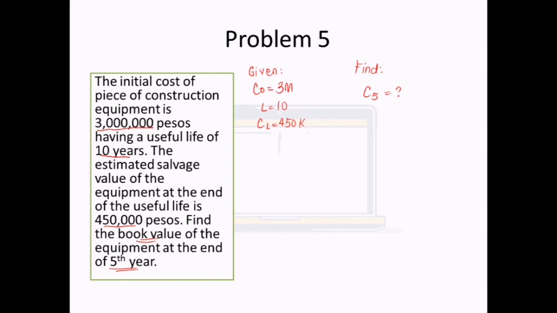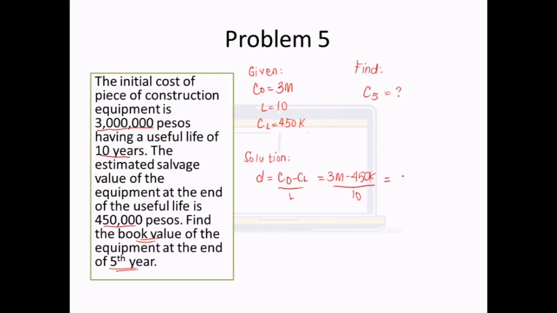Before we can directly solve the book value, we can first solve for the annual depreciation, or the small letter d, which is equal to C sub 0 minus C sub L all over L. Substituting with the given, we have 3 million minus 450,000 all over 10.